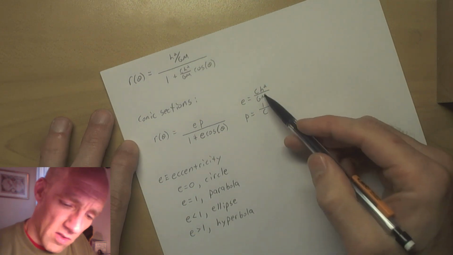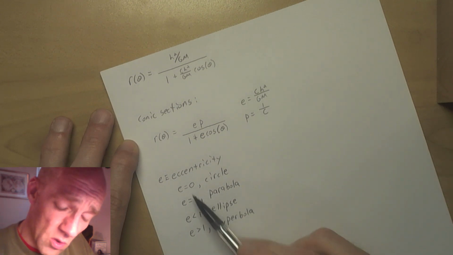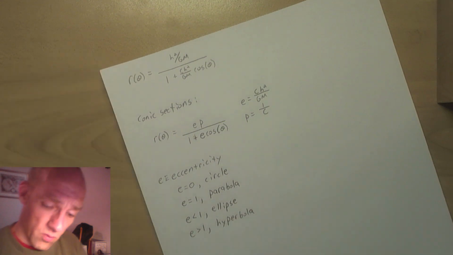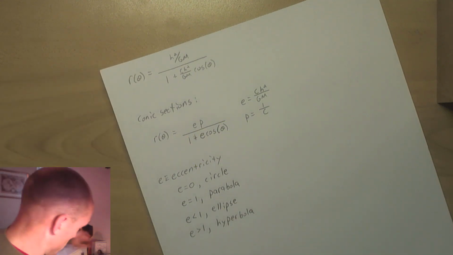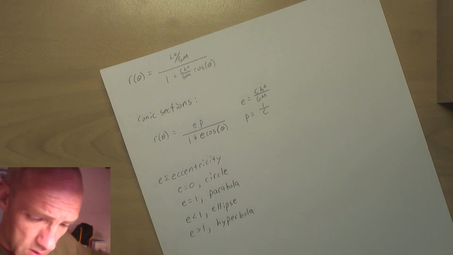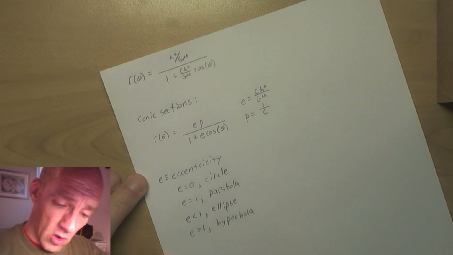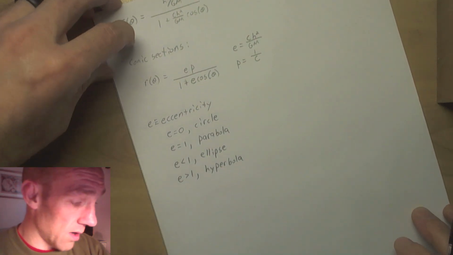So if you can determine what these values are going to be, you can determine whether or not your orbit will be open or closed. If the E value is between 0 and 1, you have a closed orbit, and if it's outside that range, you have an open orbit.